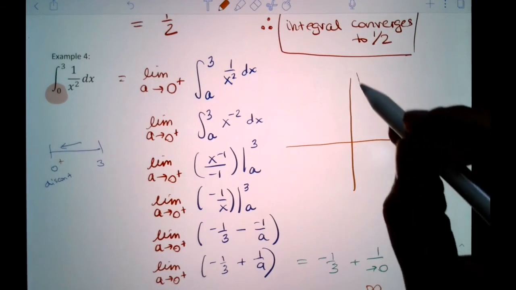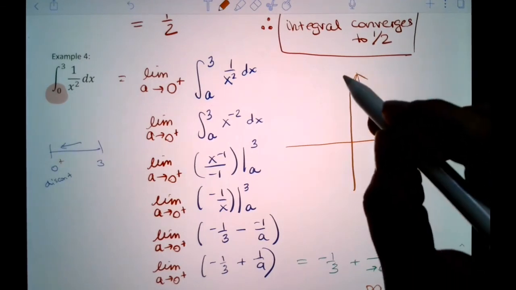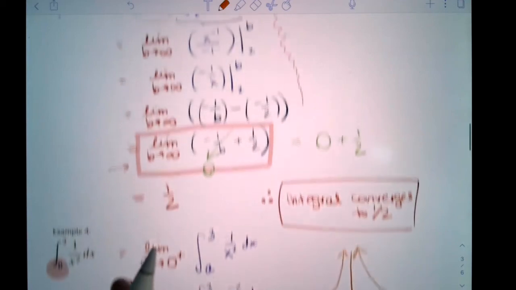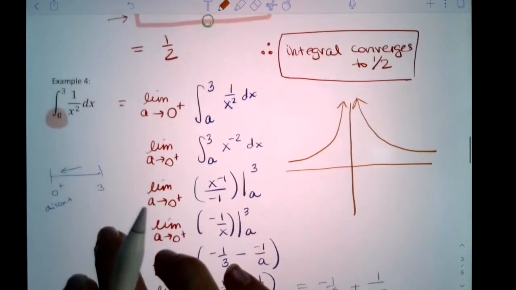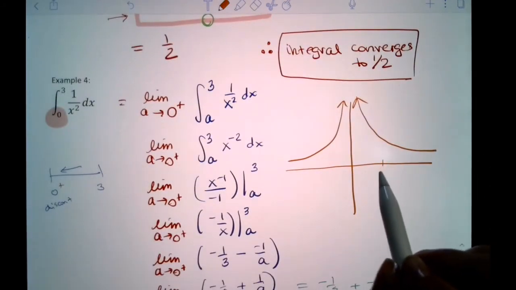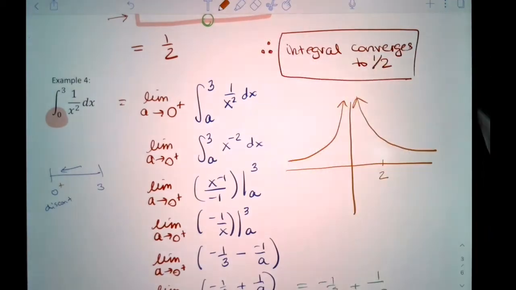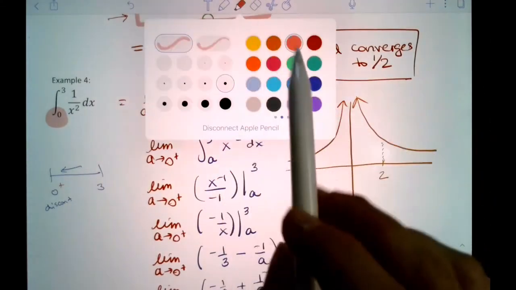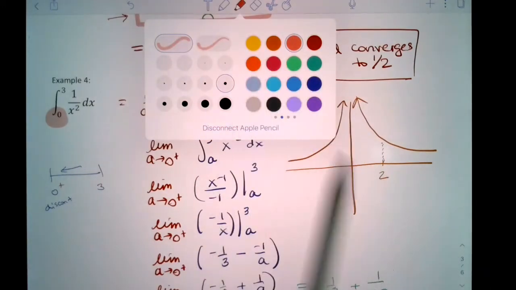So it kind of looks like this. Maybe it's more dramatic, right? But we have this issue where we took the integral from, what did we do? 2 to infinity. So I'm just going to make up where 2 is. Let's say that's 2.